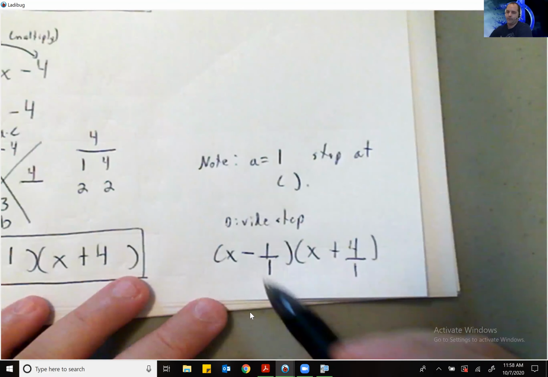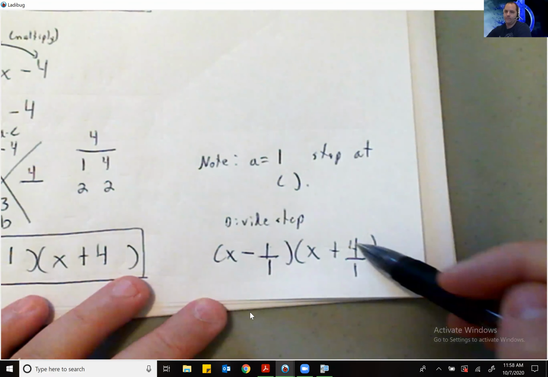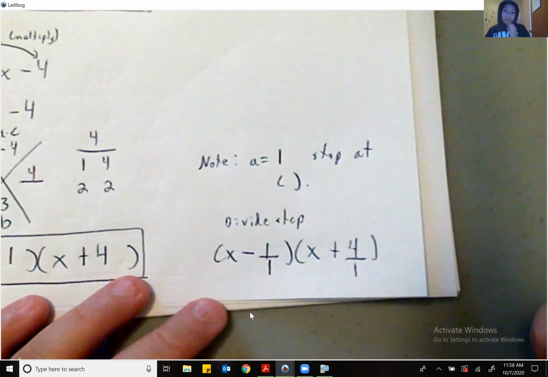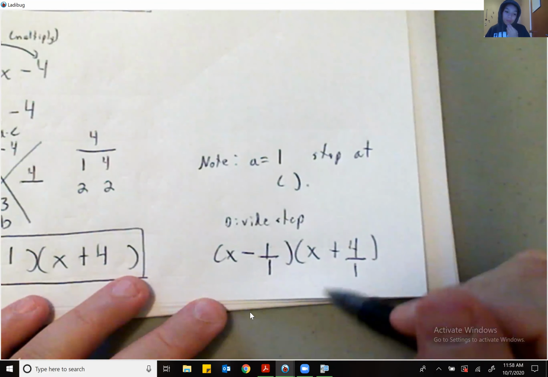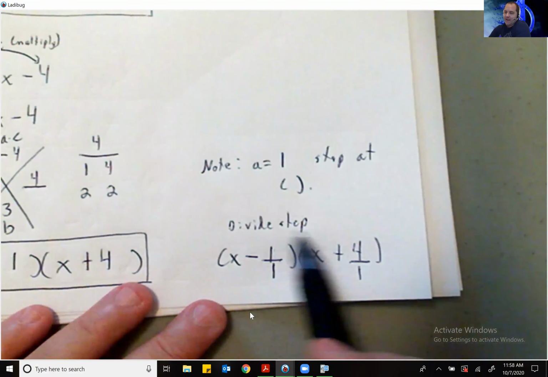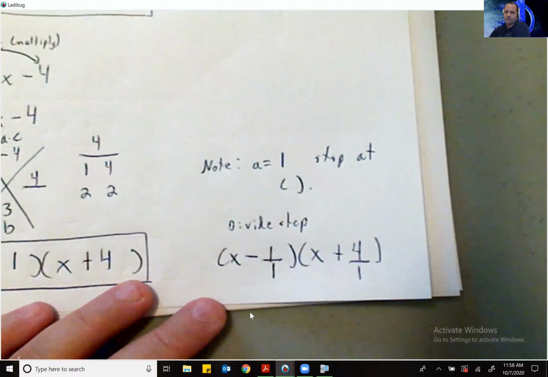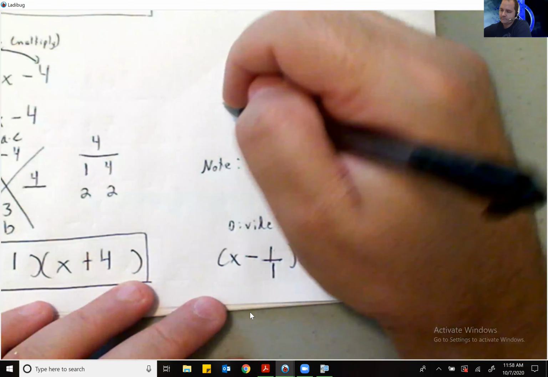What's negative 1 divided by 1? Negative 1. Still the same thing. What's 4 divided by 1? 4. See, it didn't change anything. That's why you can stop at the parentheses, because the divide step doesn't change anything. It's fine.